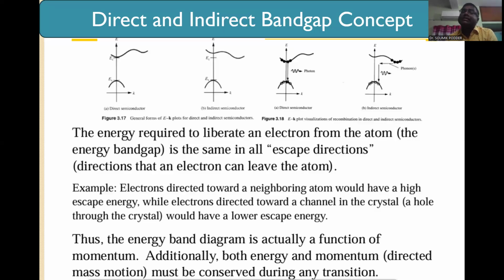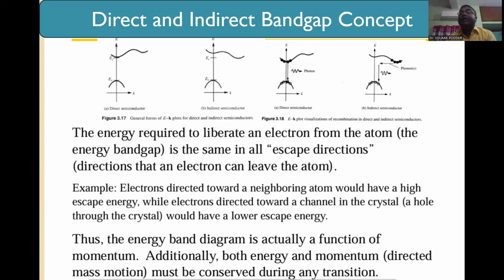It's called lattice scattering, and if we express this scattering as a quantized particle, it is called the phonon. So one is the photon, another one is the phonon. The photon is created in the direct band gap semiconductor, and the phonon is created in the indirect band gap semiconductor.